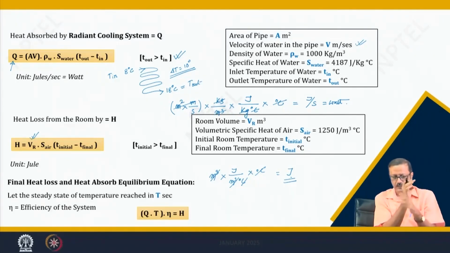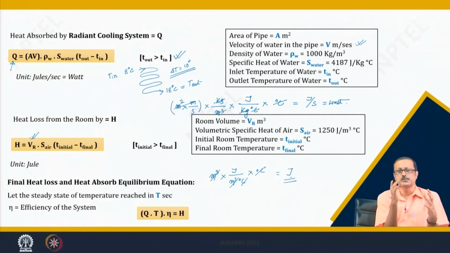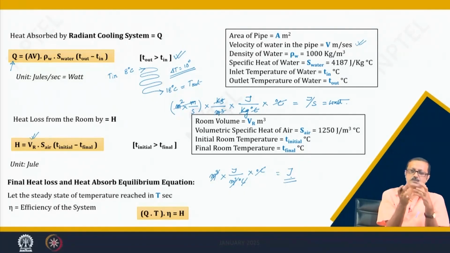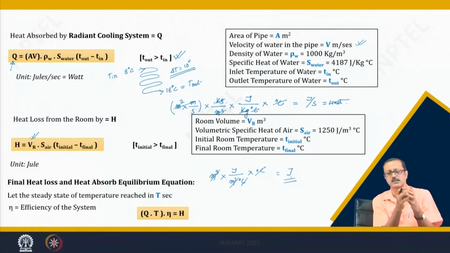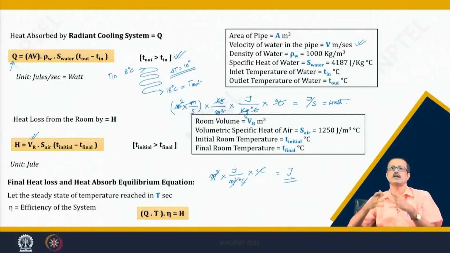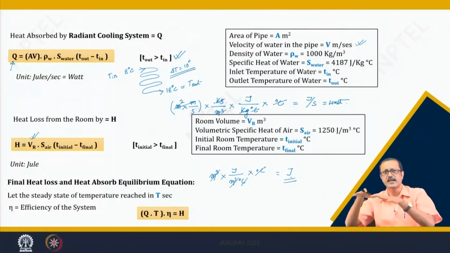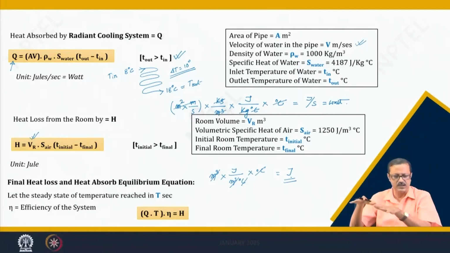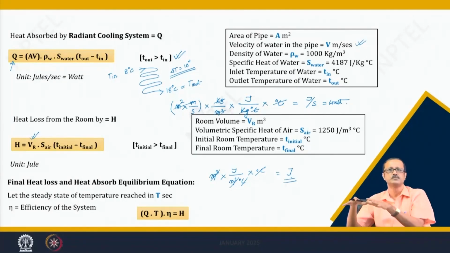Now, there will be an equilibrium condition. One side is taking out heat and the other side is losing heat. After a certain time there will be a steady state. Initially there will be a very high energy loss, and then it will gradually reduce, and a time will come, which I call the steady state time, reached after t seconds, such that the total loss equals the total gain.